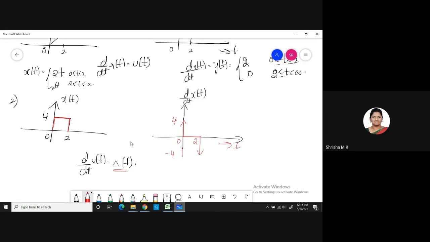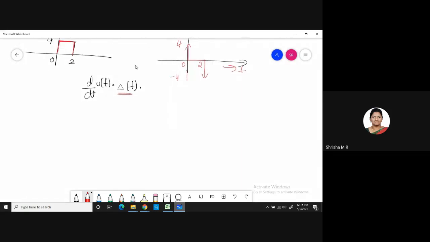So these are some of the simple signals. One more signal I'll give you of such kind. This is just for extra information, okay? So you have to know this. -1, -2. So you have a signal like this.